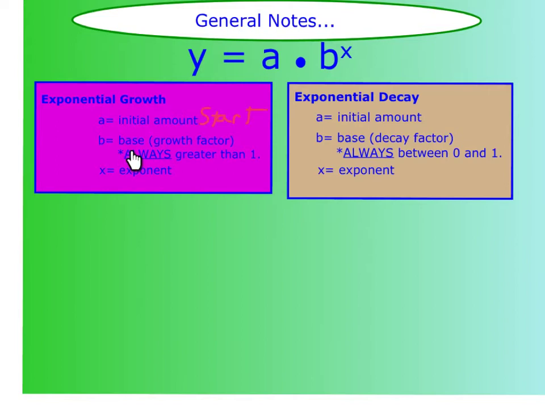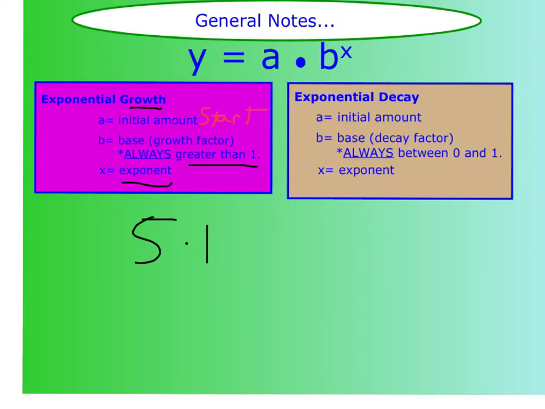And the base is a growth factor, okay? So this is our ratio, common ratio, what we're multiplying by. If it's going to grow, it's got to be greater than 1, because if I start with 5 pounds of something and I multiply it by 1, well, I just stay at 5. I can't get bigger. So it's going to have to be greater than 1 to grow.